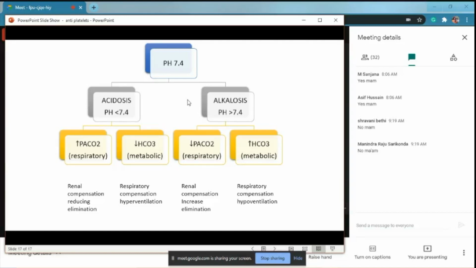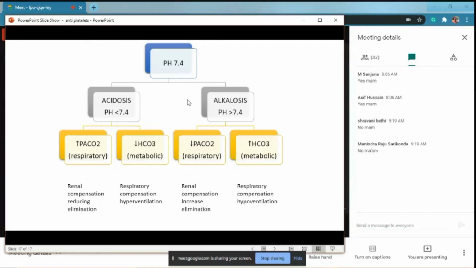When it comes to metabolic acidosis, we know that the bicarbonate level is too low, which leads to acidosis, right? So whenever there is a metabolic condition, the respiratory system tries to compensate that.